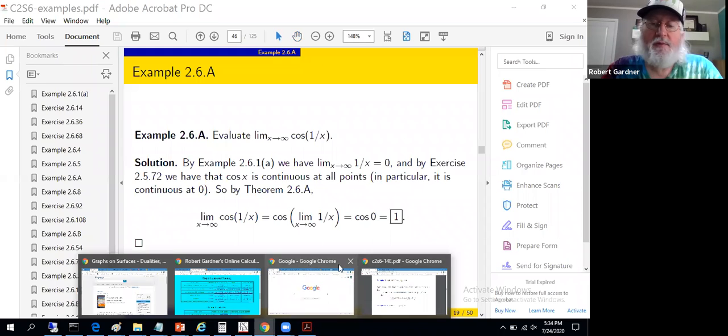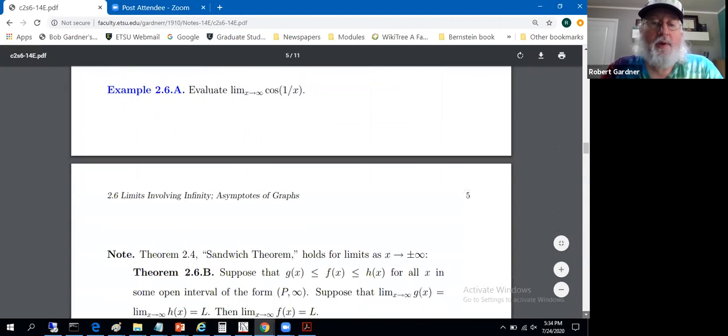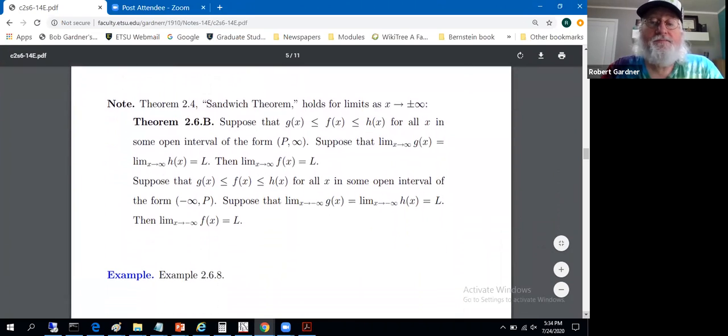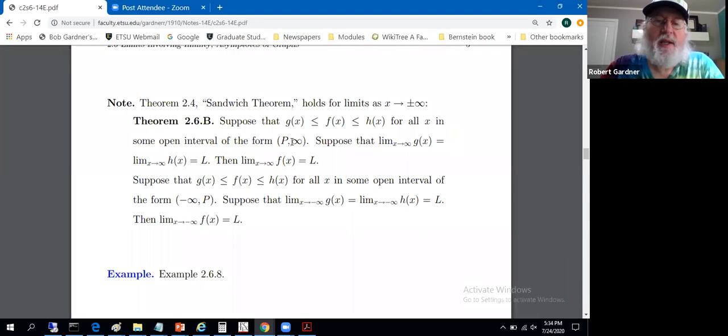Back to the notes. The sandwich theorem also holds for limits as x approaches plus or minus infinity. Same hypotheses, except with this infinity stuff playing a role.